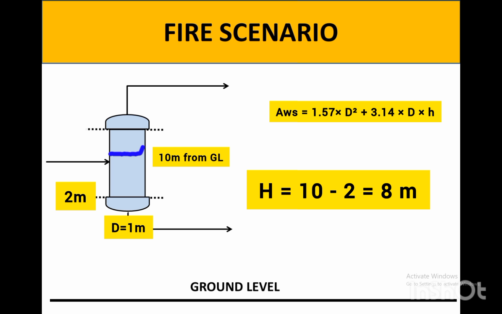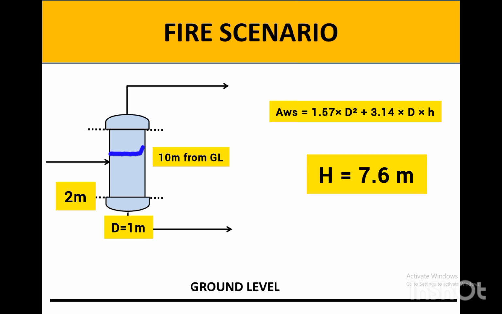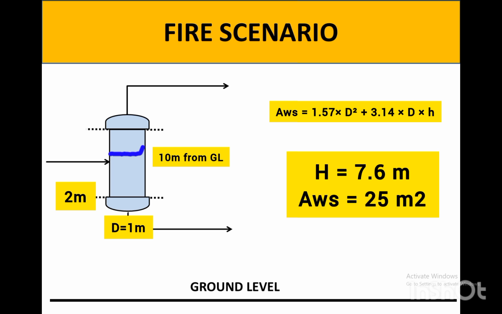But according to the API, the fire can only affect the vessel up to 7.6 meter. So we consider H as 7.6 meter. Let's substitute values into the wetted surface area formula, with diameter 1 times this term, where H is 7.6 meters. So the wetted surface area is 25 square meter for this vertical vessel.